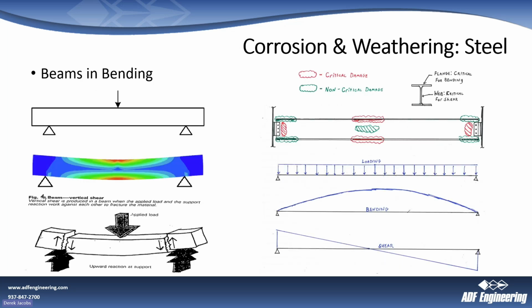So when we're talking about beams, a quick structural lesson here. When we're trying to assess how significant damage is, or how concerning a certain amount of damage is, we'll look at the behavior of the beam.